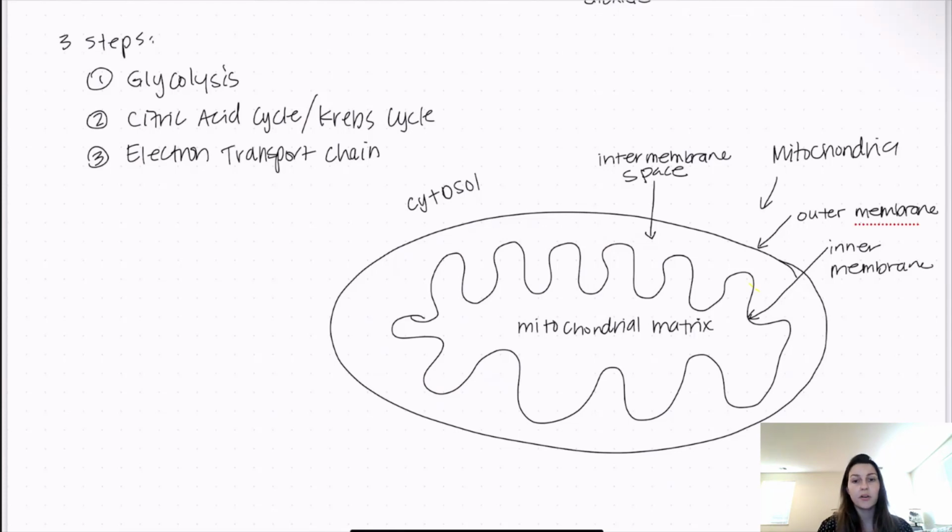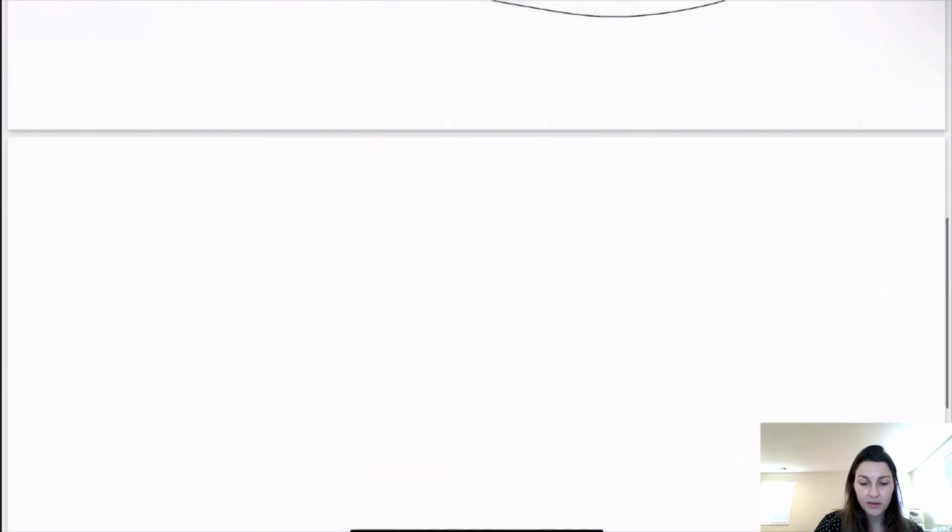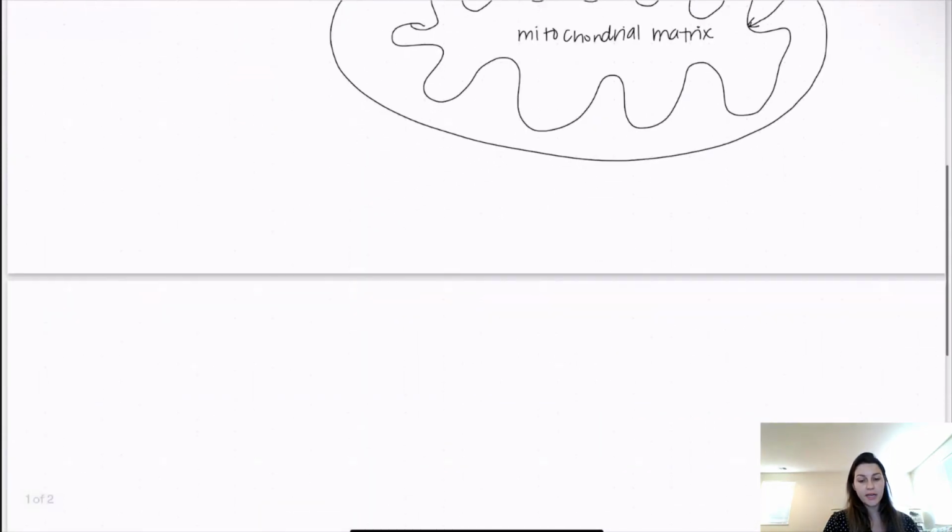And all of these three steps occur somewhere in relation to the mitochondria. So let's see, I'll label my processes in red. So glycolysis occurs in the cytosol. Let's talk about glycolysis occurring in the cytosol of the cell.